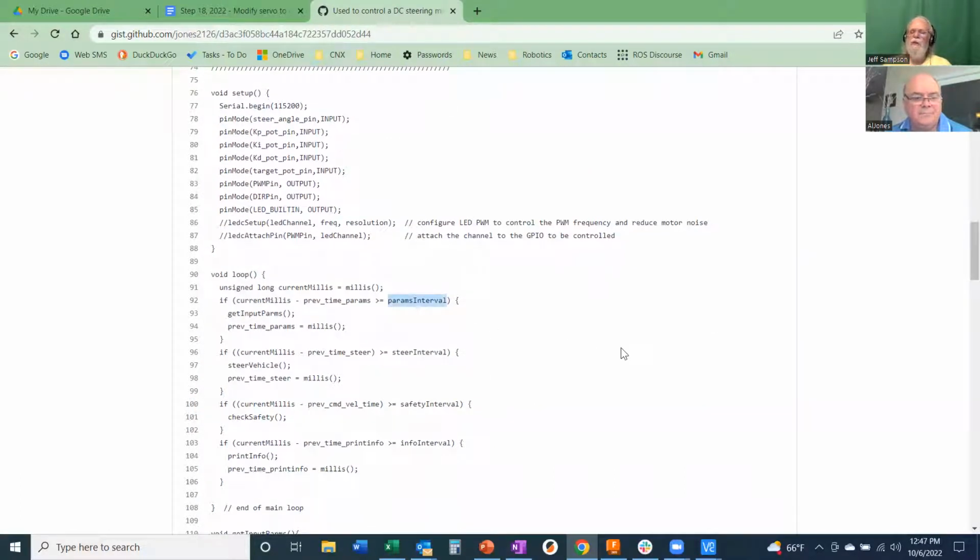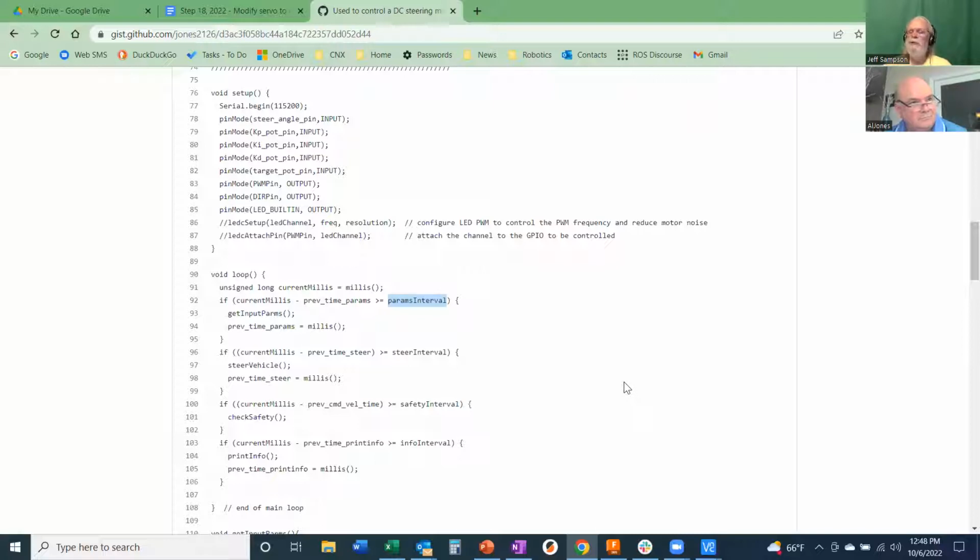Well, what happens is when you do that, this thing's sitting there and everything's stable. You turn your pot, and there's a delay anywhere between 1 to 5 seconds before it even attempts to move. If you read that target pot at a much faster rate, or even at the same rate as the motor control, then as you turn the pot, it's going to try to follow you. It's not going to wait 5 seconds before it starts turning. As a configuration or in real life, I think you'd be much happier.